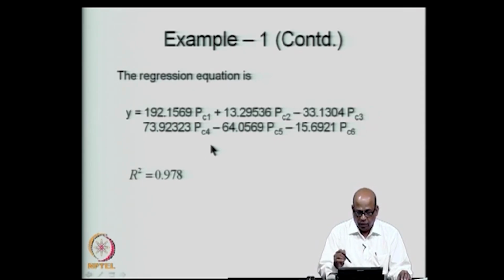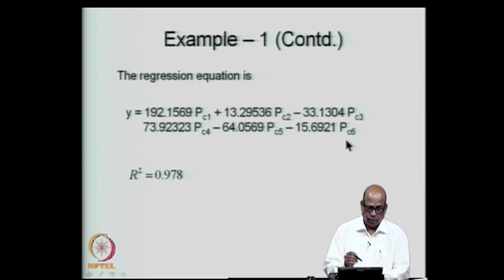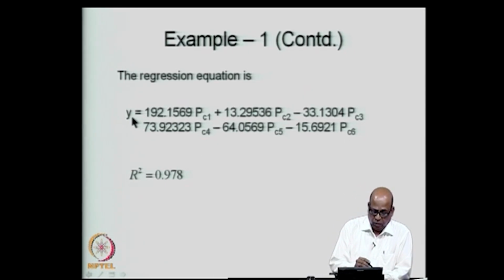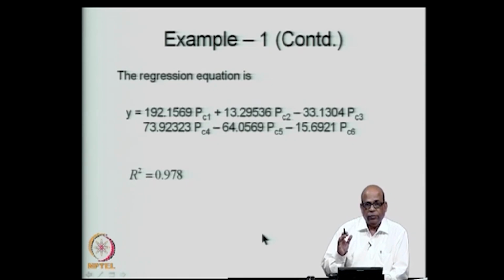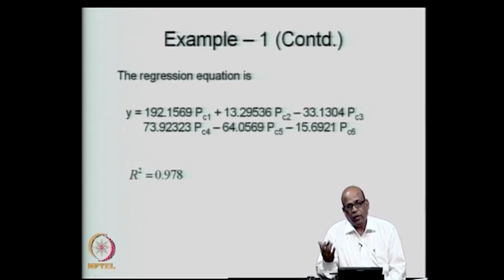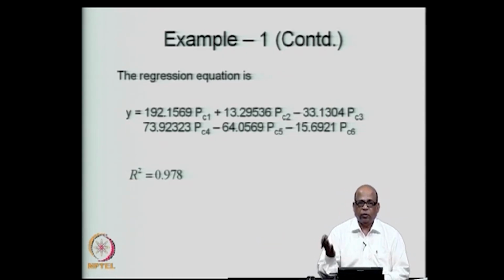Now, there are some interesting features of this particular regression equation. You see, you obtained beta 1 as 192.16, beta 2 as this value and so on, by using 6 principal components, because we said that 95% of the variance has to be explained by this model, and therefore, I go up to 6 values.